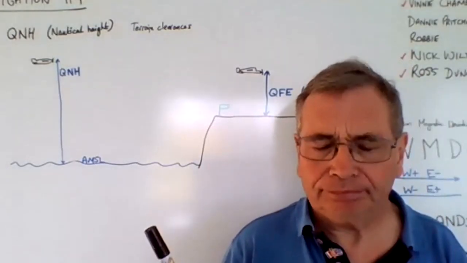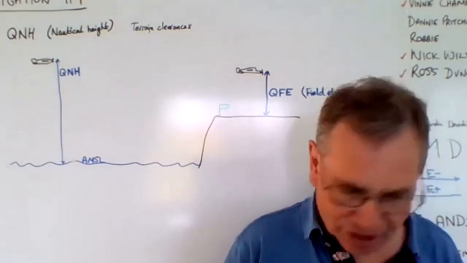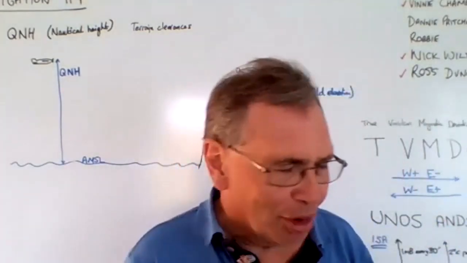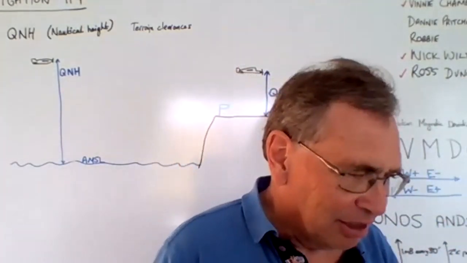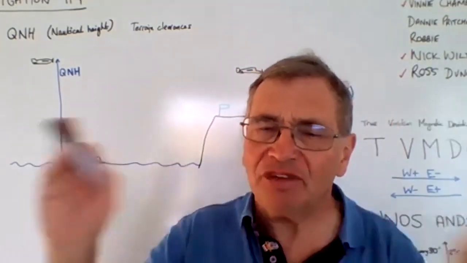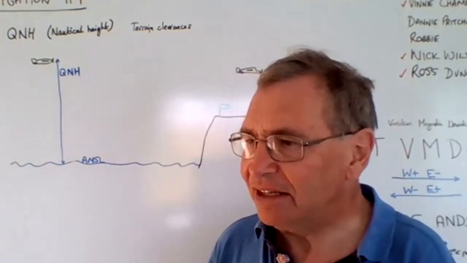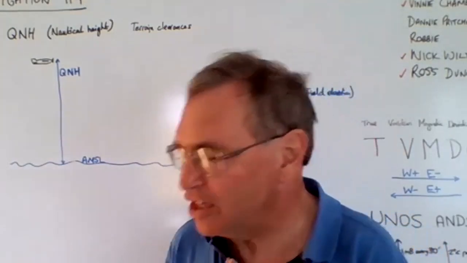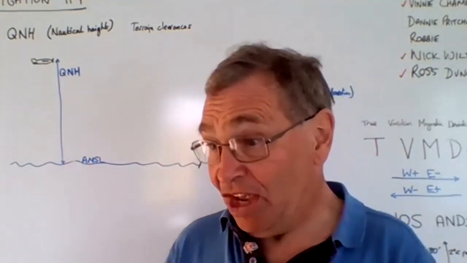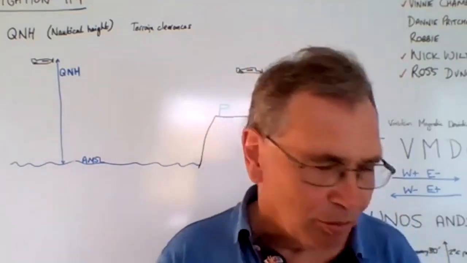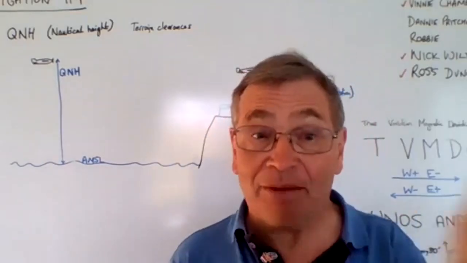Now, how on earth does that work? Because we've already said that QNH changes all over the place, and constantly changes throughout the day. Maybe every 20 minutes it might change, particularly when there's a front coming over.